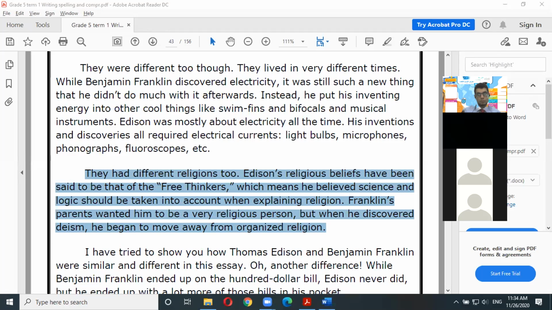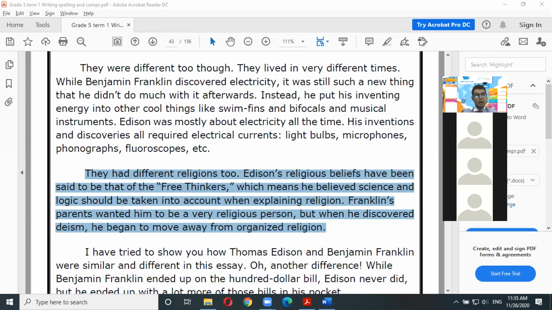Franklin's parents wanted him to be a very religious person, but when he discovered deism, he began to move away from organized religion. Very good. Amazing.